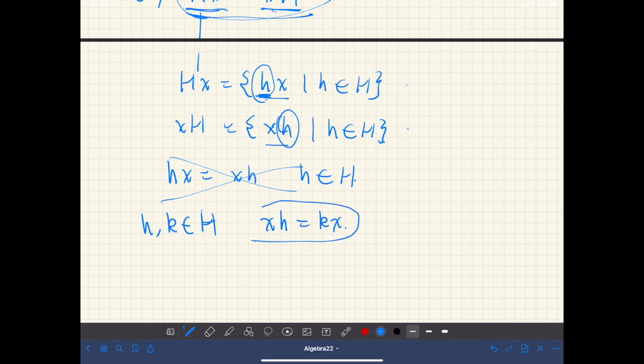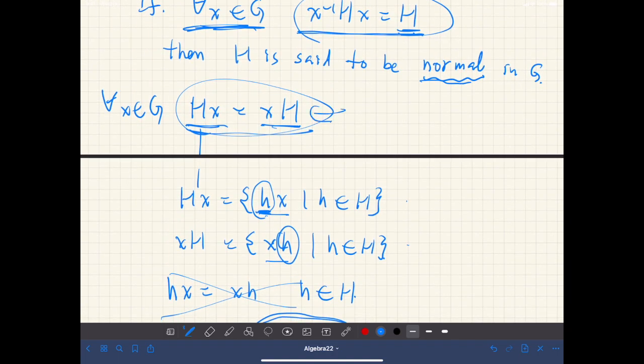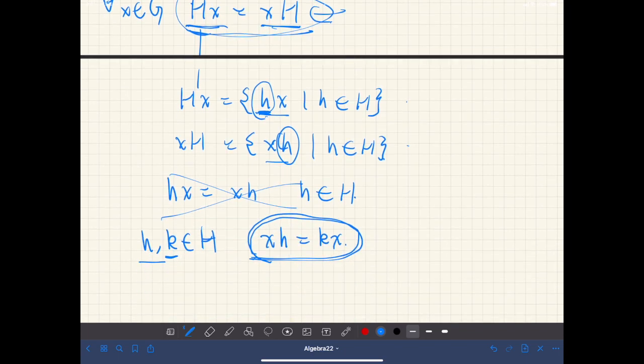Okay, so there are always some elements such as H and K with which this equality holds. So that's what normality means here.